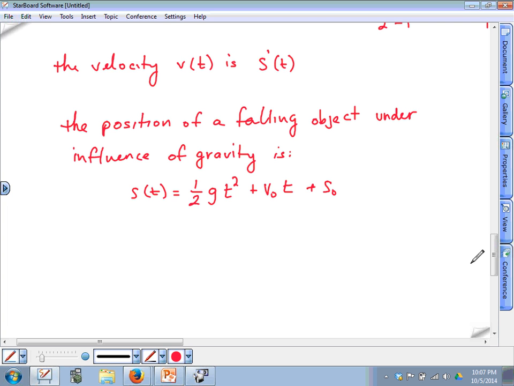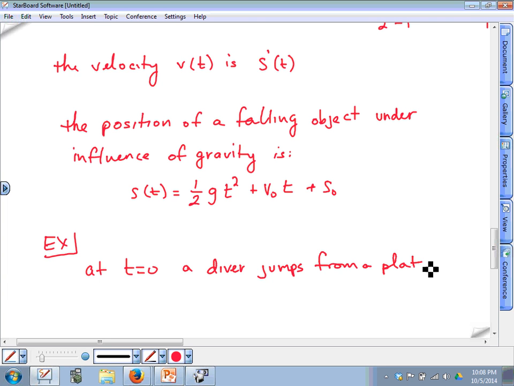So, last example here. Let's say at time 0, a diver jumps from a platform 32 feet high, into water, obviously.